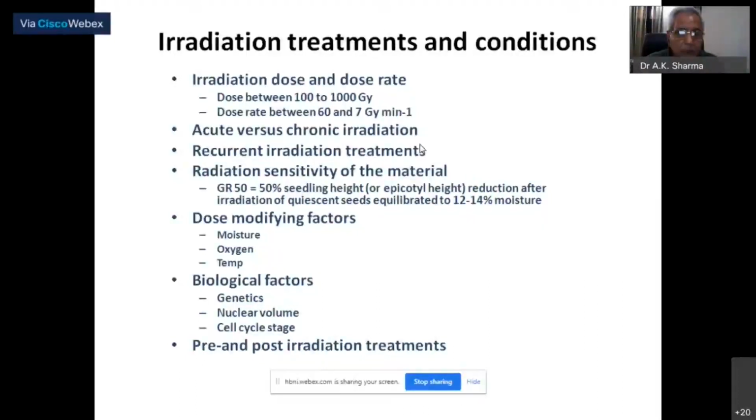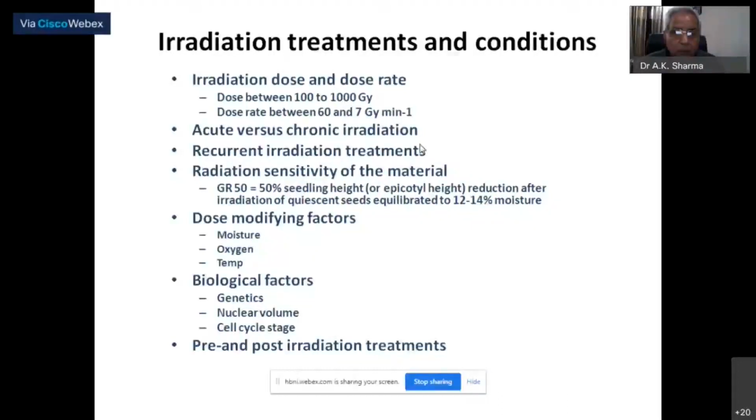different plants. There is something called nuclear volume, which is also important. Many plants have different volume. There are small differences in nuclear volume, which may also affect response to radiation. Also, the cell cycle state, like in which phase the radiation is taking place.